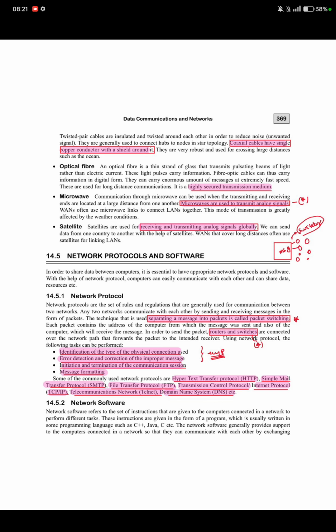Some of the commonly used network protocols are Hypertext Transfer Protocol (HTTP), Simple Mail Transfer Protocol (SMTP), File Transfer Protocol (FTP), Transmission Control Protocol or Internet Protocol (TCP or IP), Telecommunications Network (Telnet), Domain Name System (DNS), and network software.